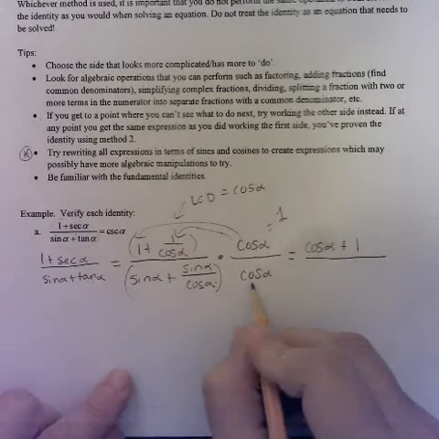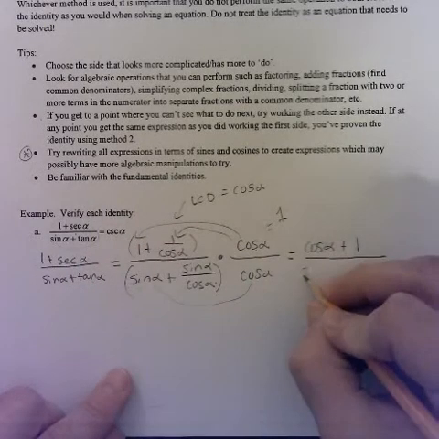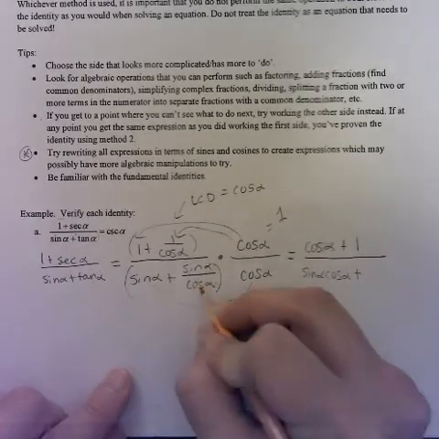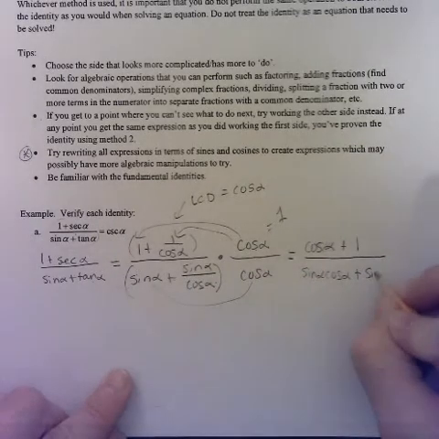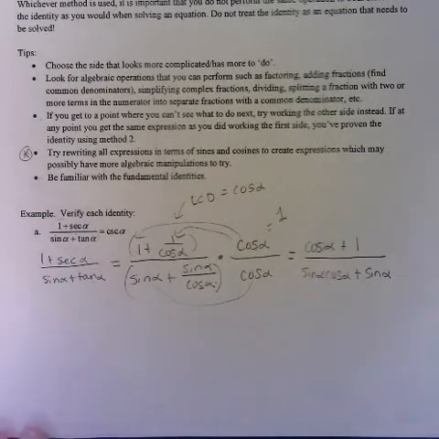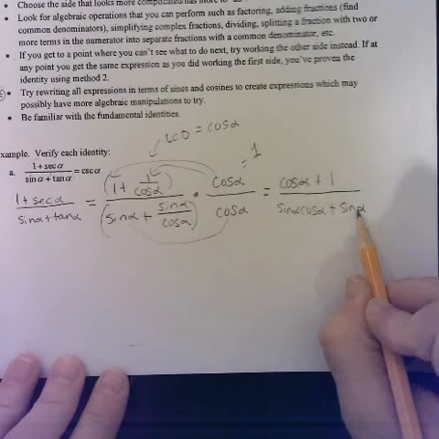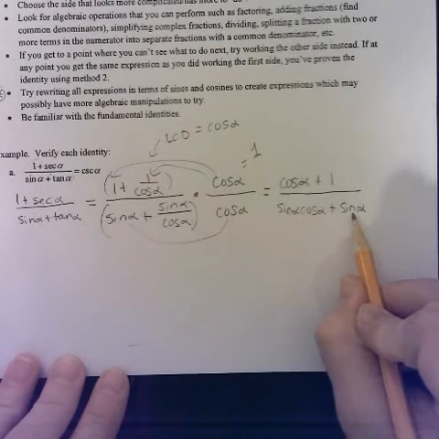Then we get sine alpha cosine alpha, plus here the cosine alphas cancel and we get sine alpha. Now, if you notice in the denominator, these both have sine alpha in the 2 terms here.